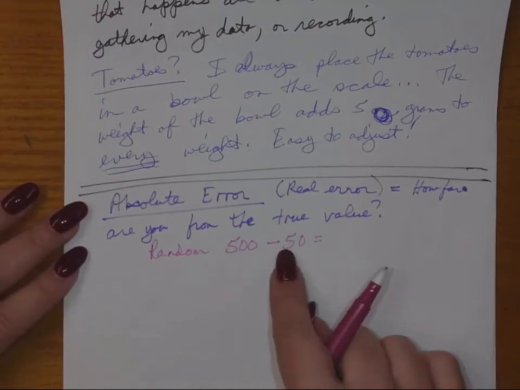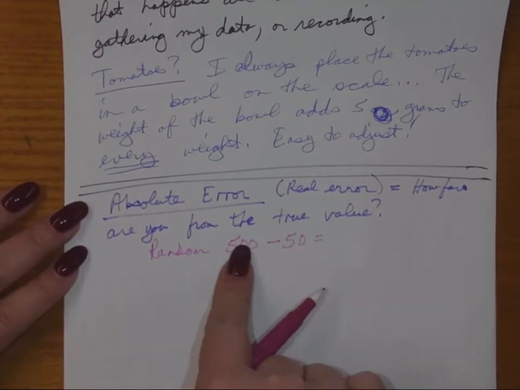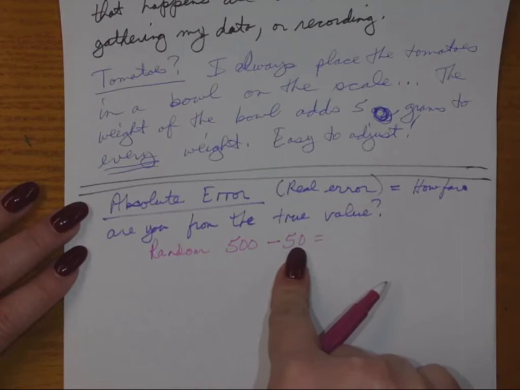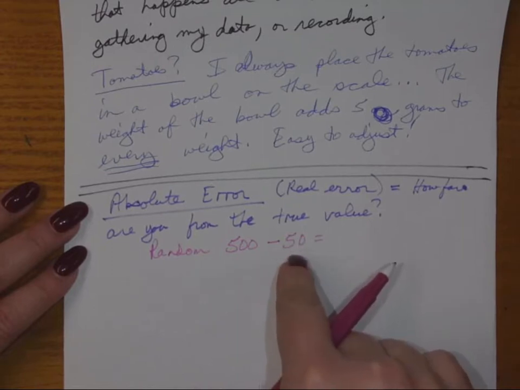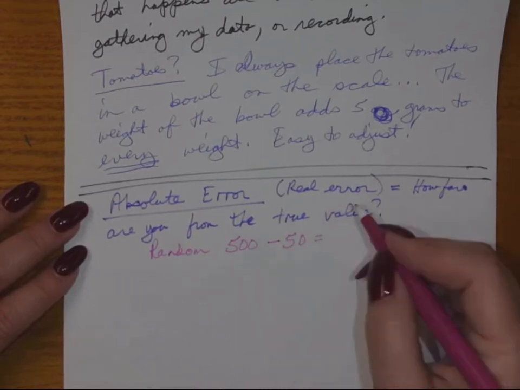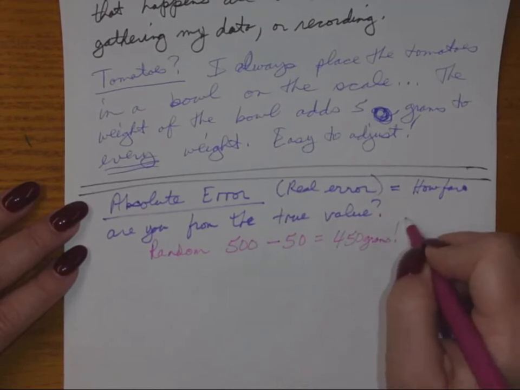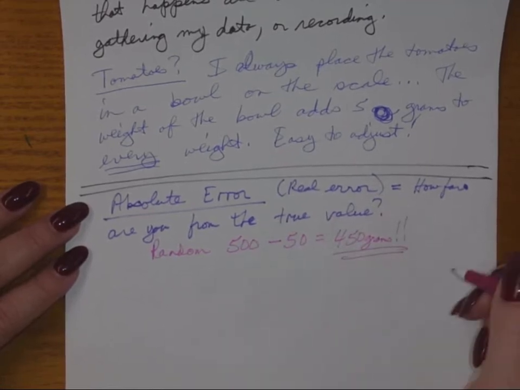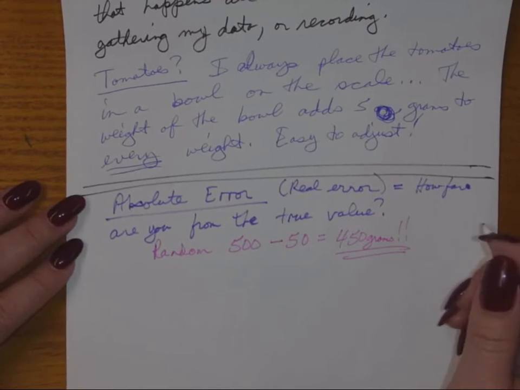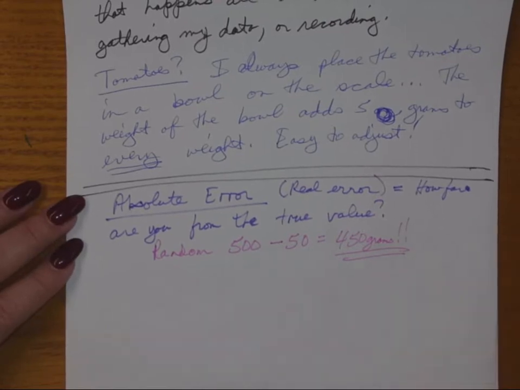So I want to know how far I am when I measured that one from what it should have really been. Well, I'm off by 450 grams. Yikes! That's huge, right? So the real error that I made there is huge.